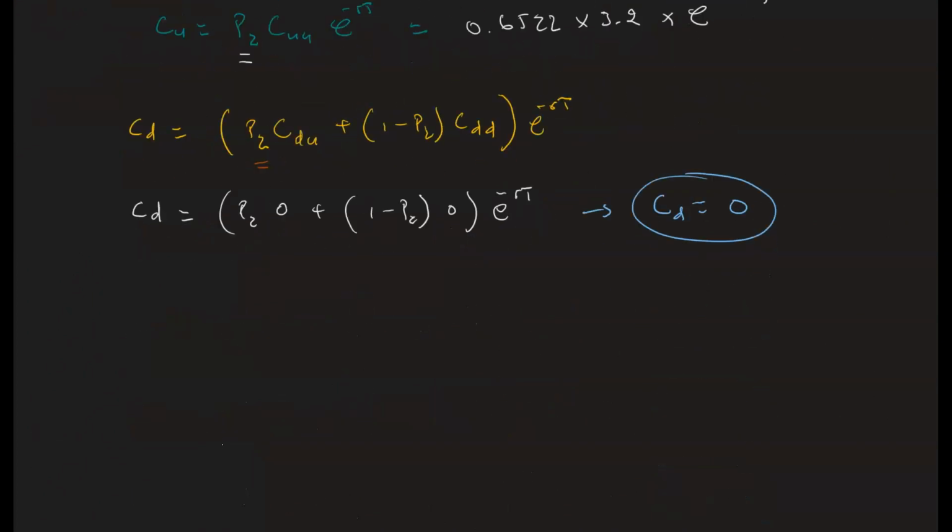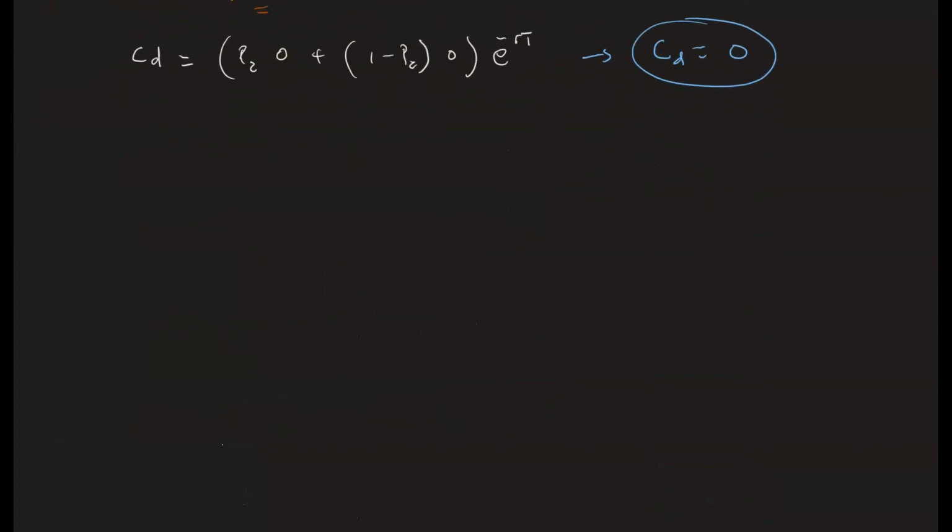So let's apply that. The call value is going to be equal to P1 this time multiplied by call up plus 1 minus P1 multiplied by call down, and then we're going to take the present value of that.